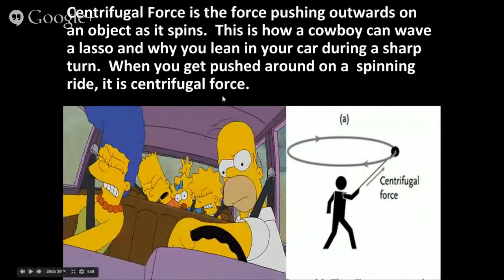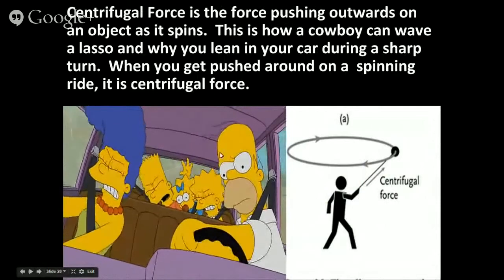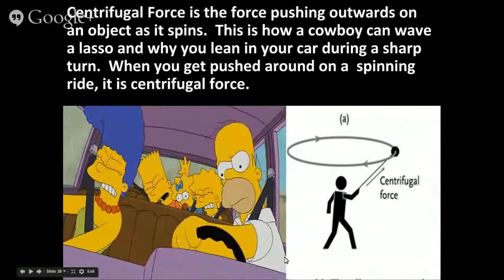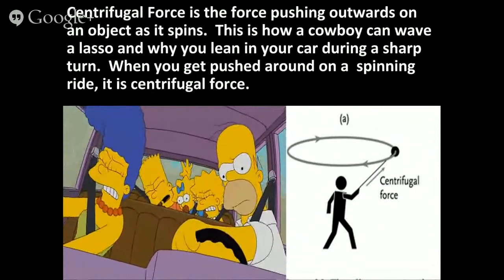That is due to centrifugal force. When an object rotates, it causes centrifugal force. So right here, the Simpsons would be turning to the left, and everyone's being pushed towards the right. So whenever an object spins, it pushes things outwards away from it.